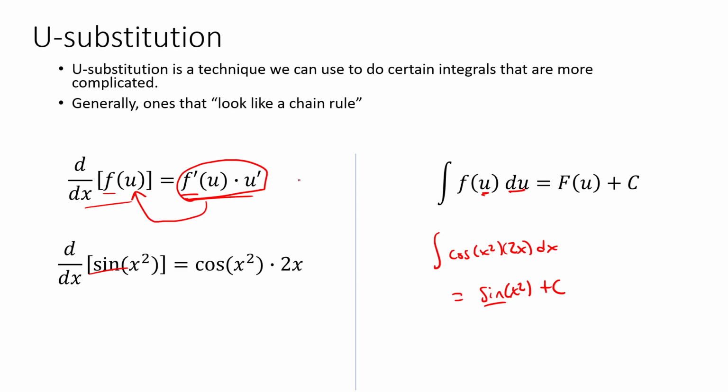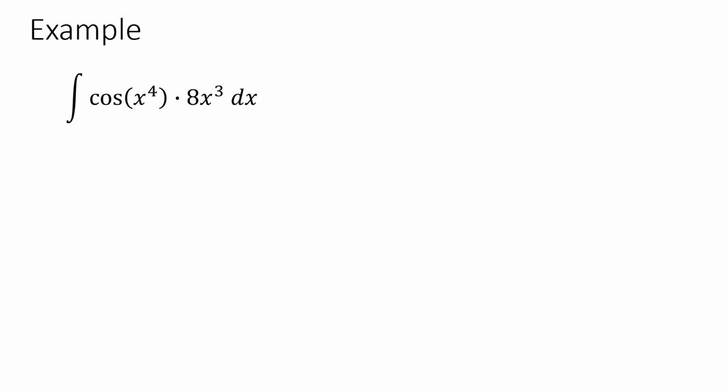We're taking this process and now just going backwards. Okay, so let me show you an example of how we're going to use this. What we want to do is take an integral and get it into this form so that we can more easily take the integral.